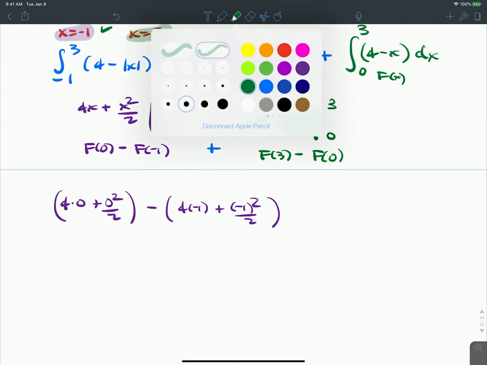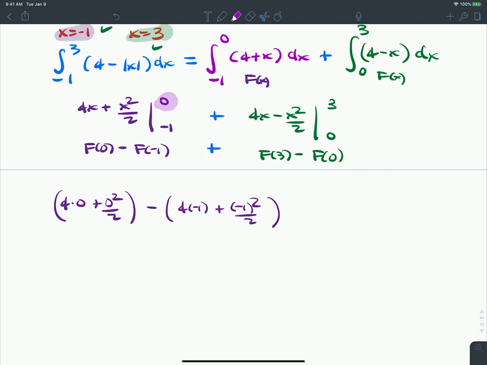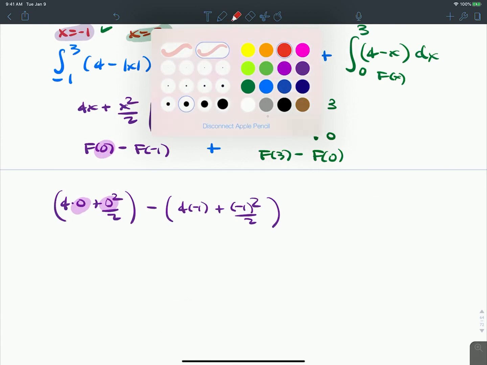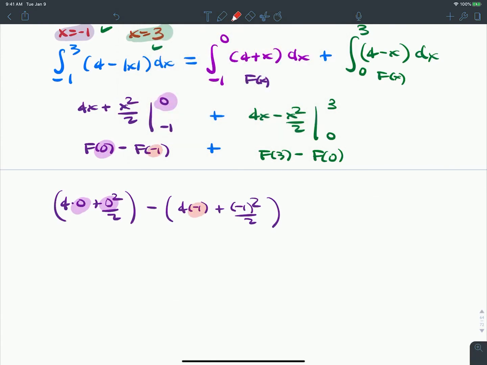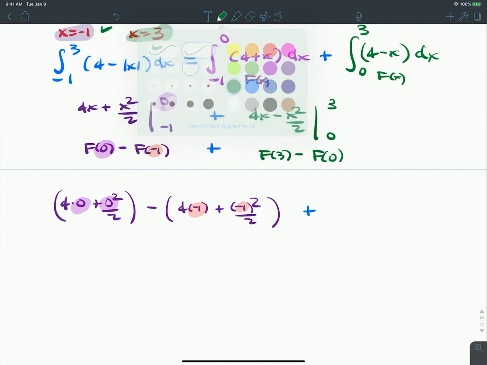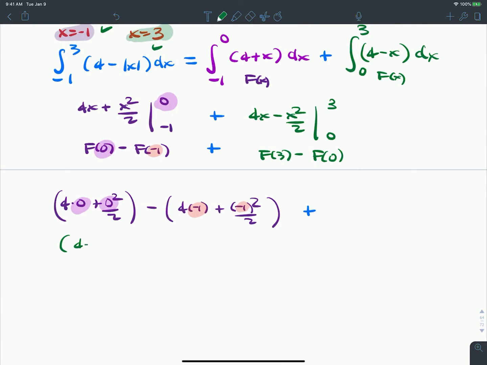Because remember, we have an upper limit, which is here, and a lower limit, which is here. And in the green, you can say plus, we'll have 4 times 3 minus 3 squared over 2 minus 4 times 0 minus 0 squared over 2.